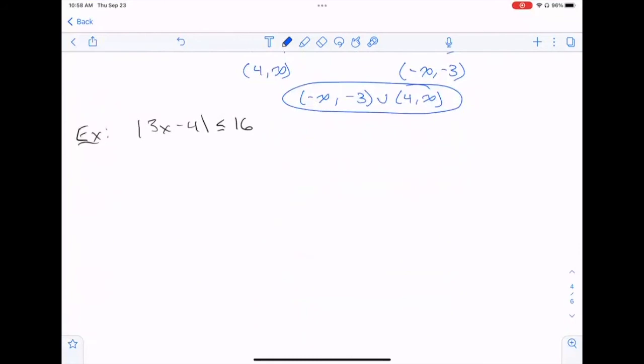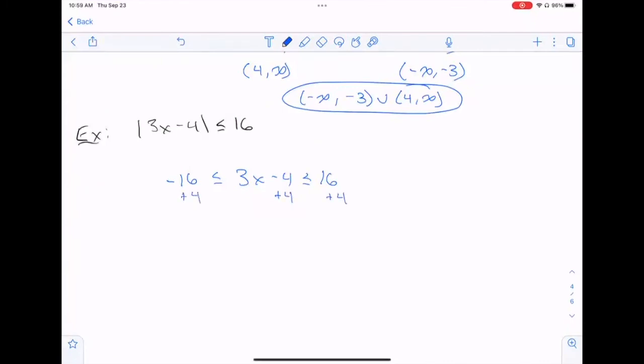When I solve the next one, the absolute value of 3x minus 4 is less than or equal to 16. Because I have this less than or equal to case, I get to split this up into a compound inequality. That -16 is less than or equal to 3x minus 4 is less than or equal to 16. I'm going to solve for x the same way we did at the beginning of this video.